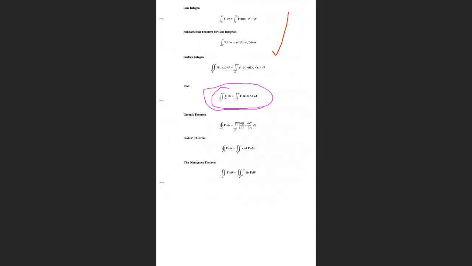So this is the formula that we should use. In order to use the formula, we need to find the cross product of the derivative vectors of your vector function.